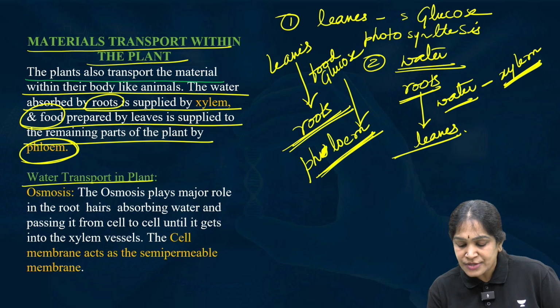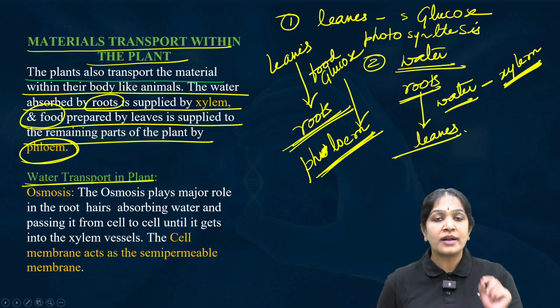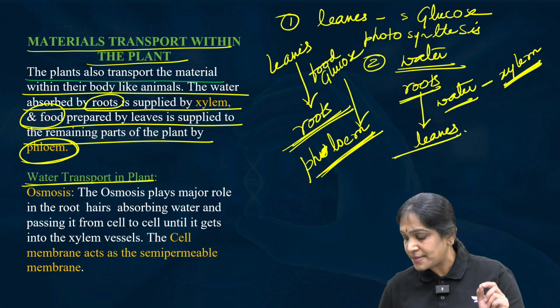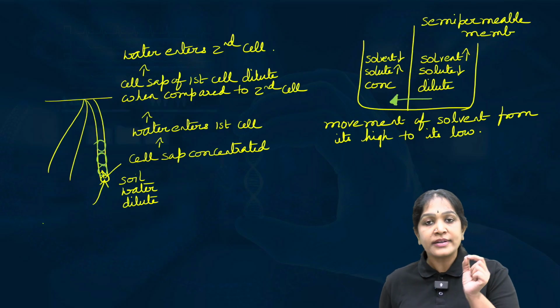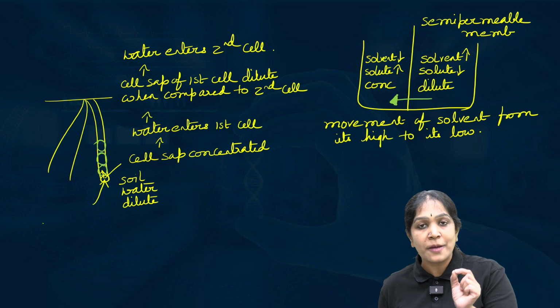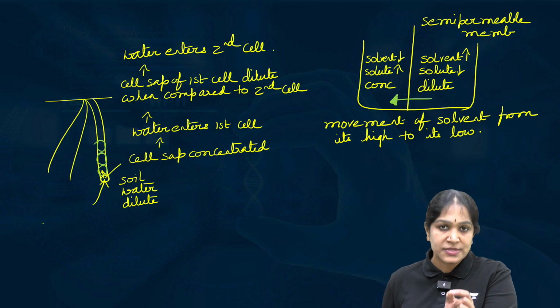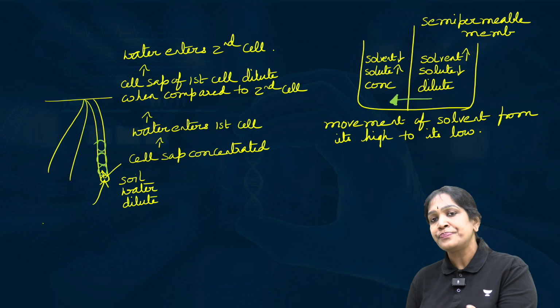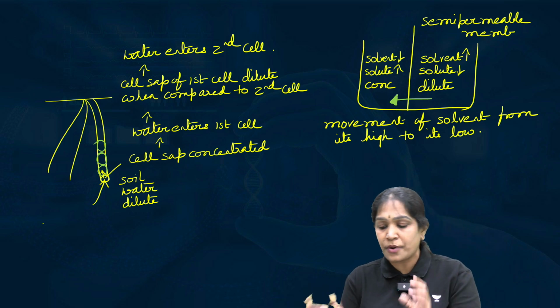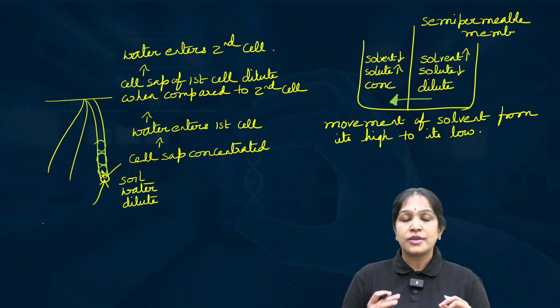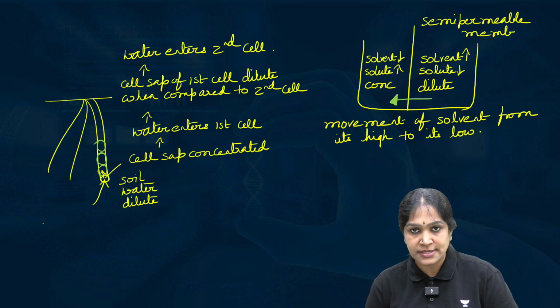Now, let us try to understand how water transport occurs, the mechanism of water transport. The water transport occurs through a process called osmosis. This is very important. Even in physics, some general day-to-day physics is important, and in that context also you have to know the process of osmosis.